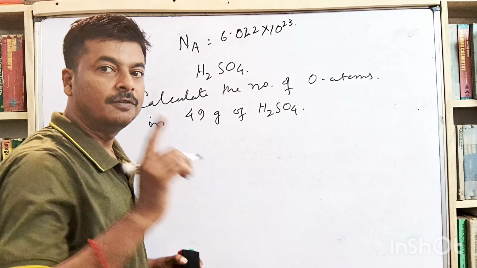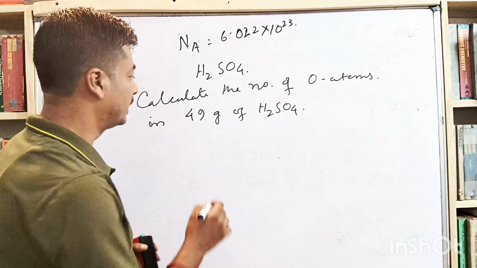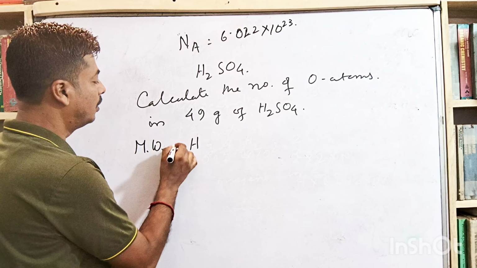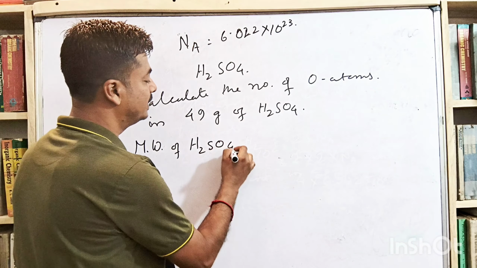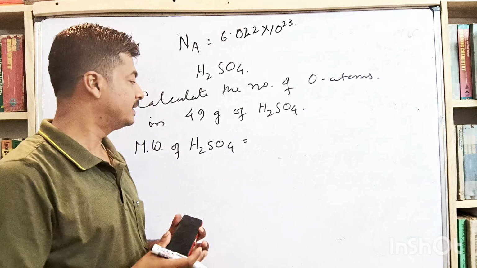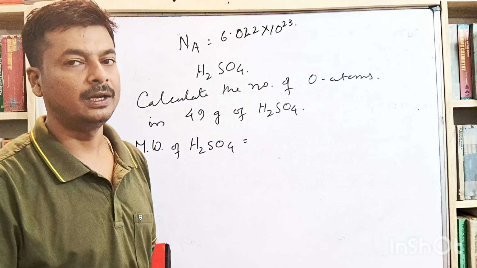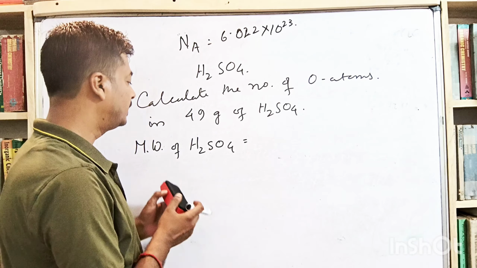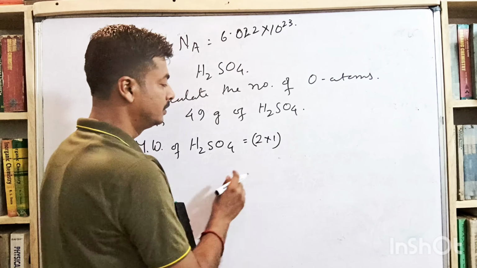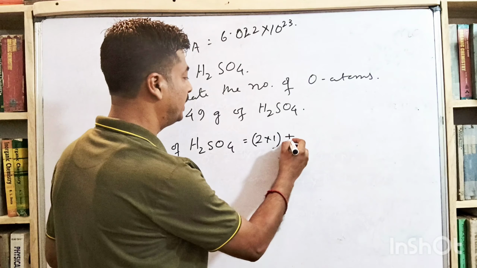First step is we have to find out the molecular weight of sulfuric acid. Molecular weight of H2SO4 is equal to, last day we discussed, molecular weight means it is the summation of all the atomic weights present in the molecule. There are two hydrogen atoms, so 2 into 1, and 1 is the atomic weight of hydrogen, plus sulfur.